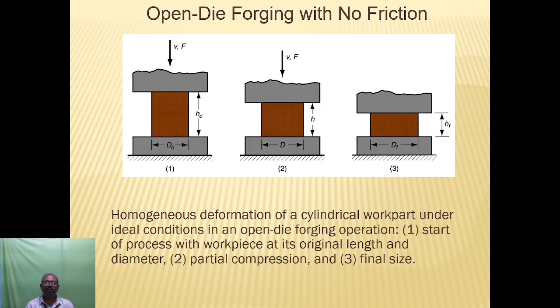This is partial compression happening. The height is reduced, but the diameter is increased. The third one is the final output. We applied full pressure on the workpiece. The height is reduced from HO to HF, the final height. The diameter also increased.